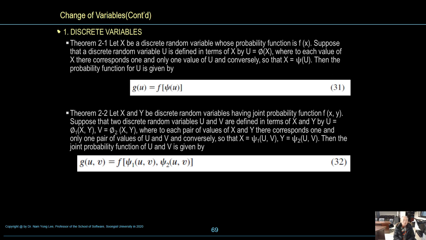Then the joint probability function of U and V is given by g(u,v) = f[ψ1(u,v), ψ2(u,v)]. This is formula 32.